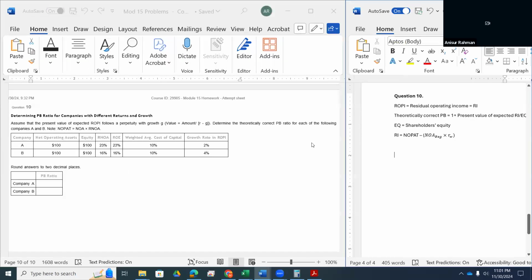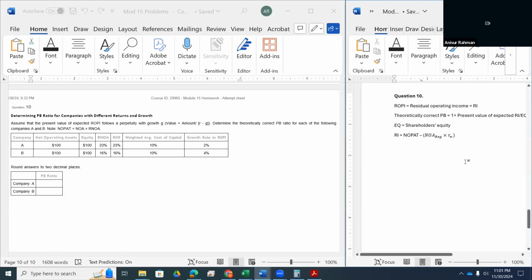Now, this is how we calculate RI, and then present value of expected RI will be our RI divided by RW minus G, the growth rate.